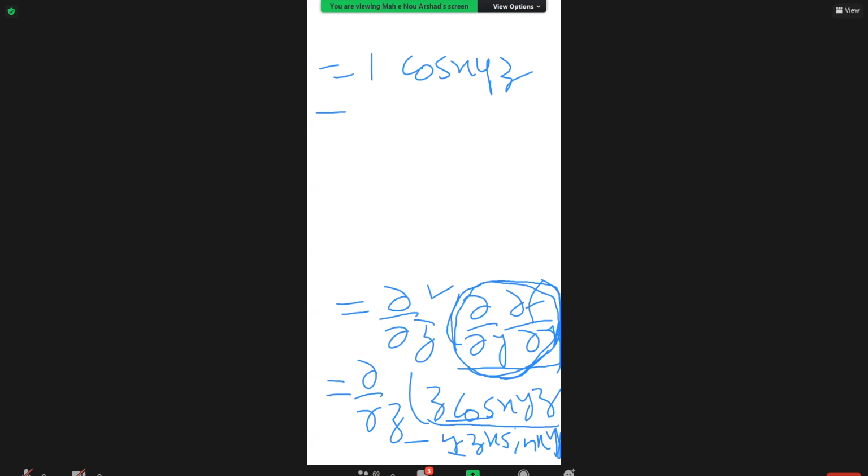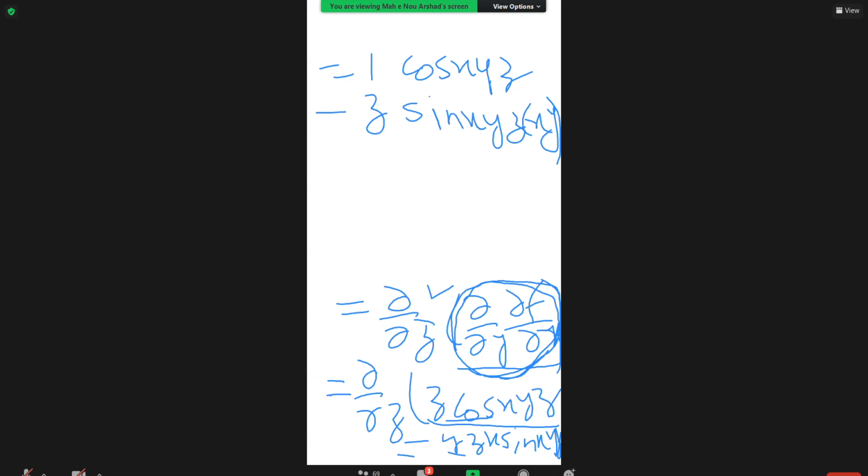Next, z will be as it is and the derivative of cos xyz is minus sine xyz, times the derivative of xyz, which is xy. Z will be treated as the variable.